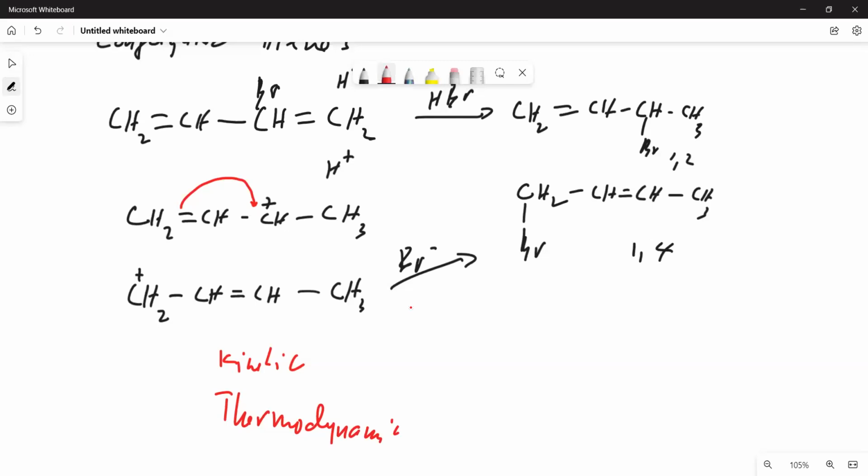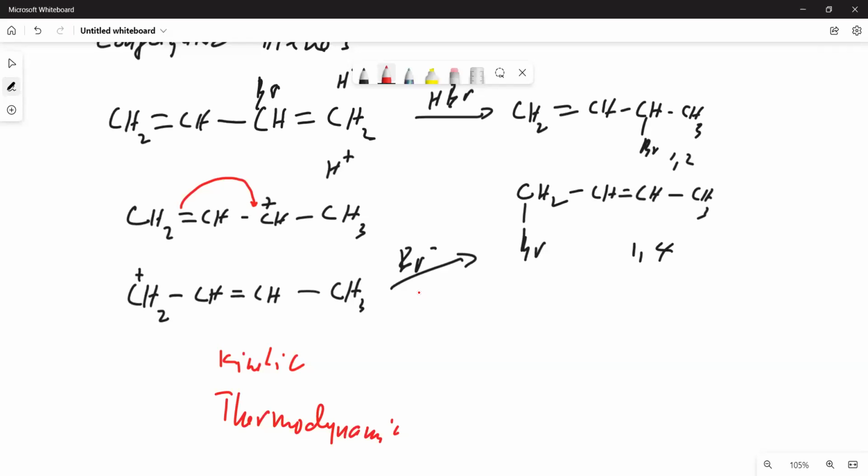So for those reactions that are controlled by kinetics, you call that a kinetic controlled reaction. And for thermodynamics, you call that a thermodynamic controlled reaction.